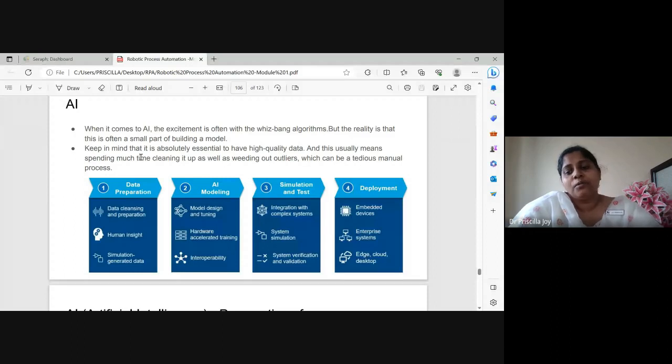In addition, the next step is simulation as well as test. In that we'll be integrating all the complex systems and making the simulation part here, and verification as well as validation happens here. That is, whether the data we'll be using is correct or not, and whether it is in the proper format or not.